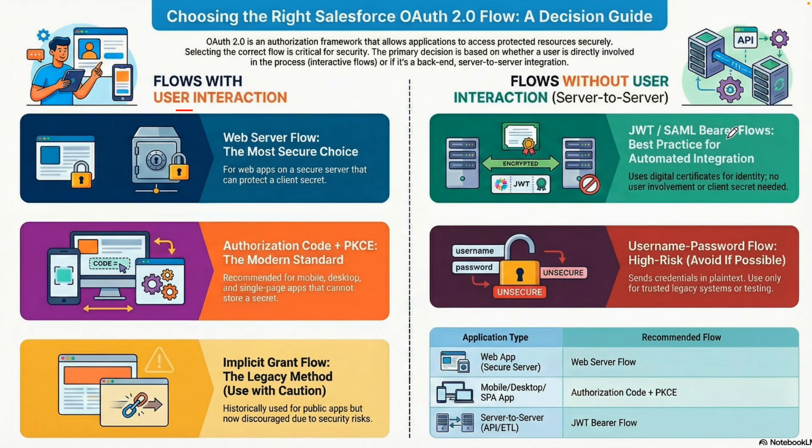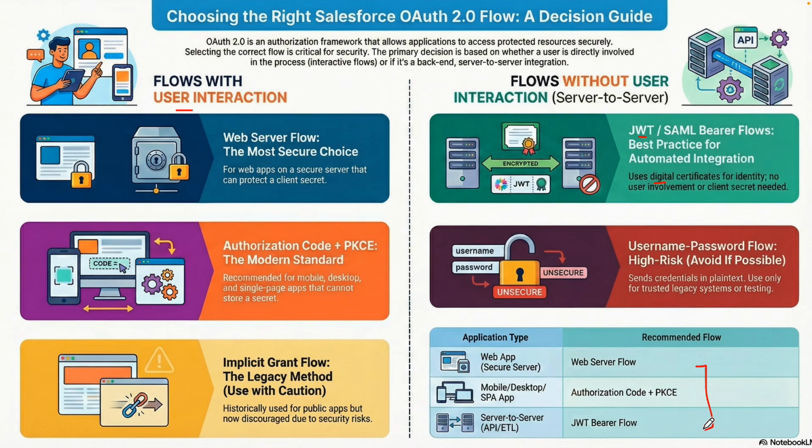There's another flow, the SAML bearer flow, but most of the time we use the JWT flow only. Under the JWT flow, as I said, we use a digital signature for identity. There is no user involvement here, and no client secret is needed. Another flow, which is quite insecure but people do use it, is the username and password flow.